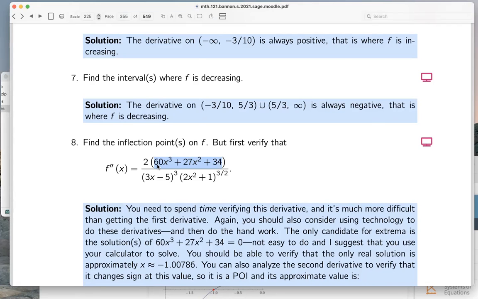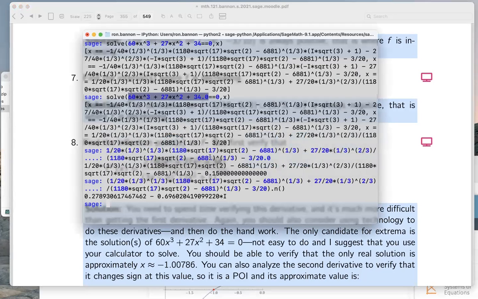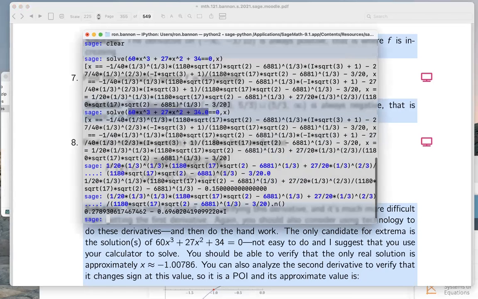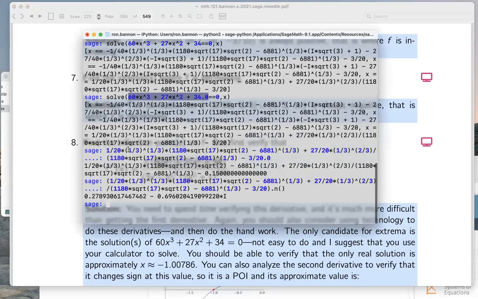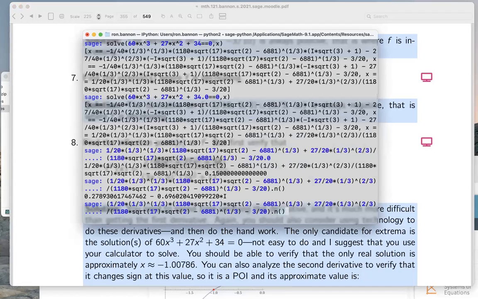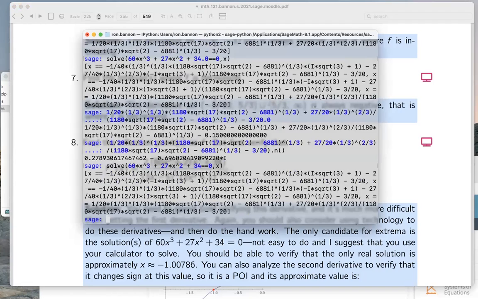You know what? I should go back to my Sage to make sure. And again, I'm dizzy even looking at it. There is a real solution there, and I've got to be really careful looking at this. Let me just display that again. Let's see where the real solution is.